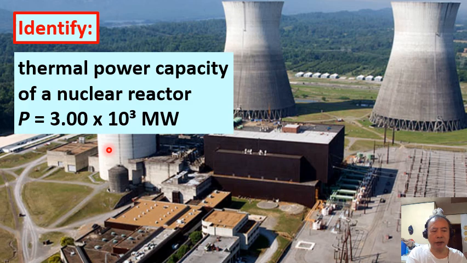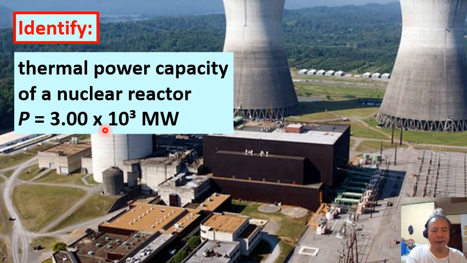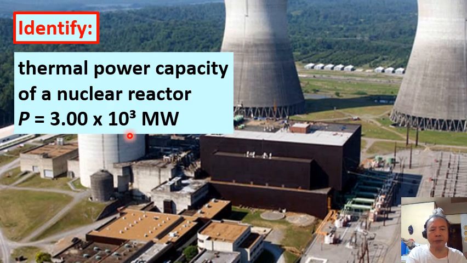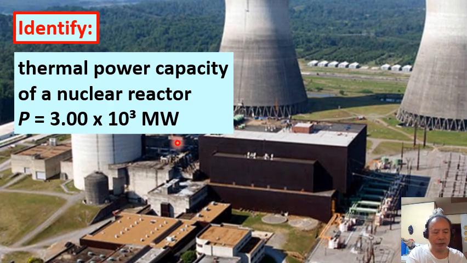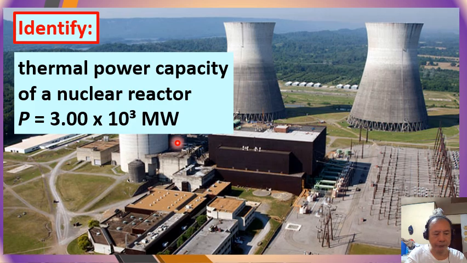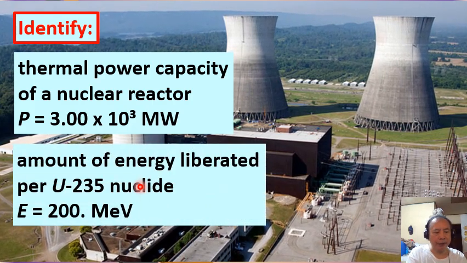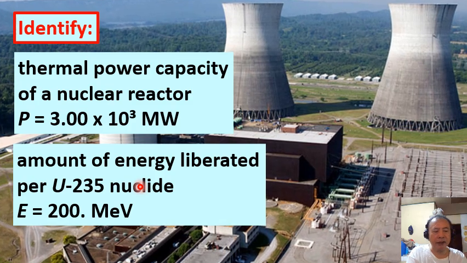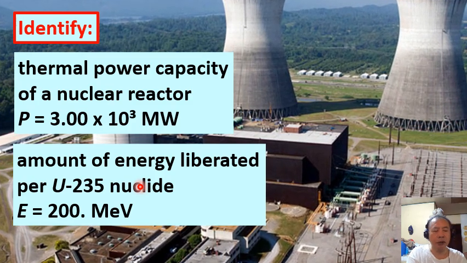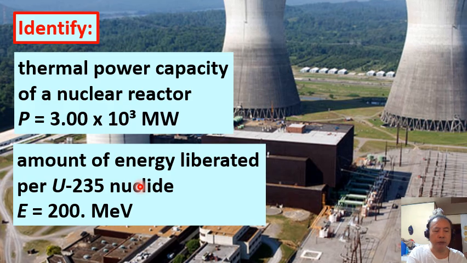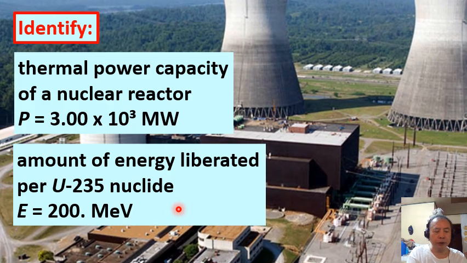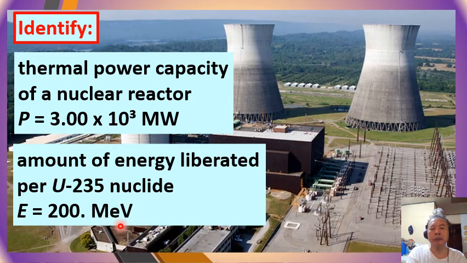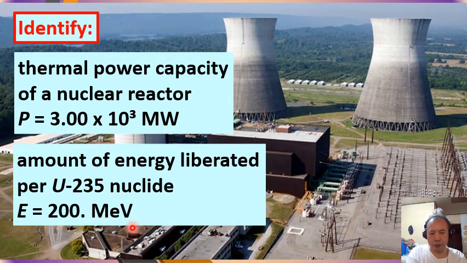Thermal power capacity of the nuclear reactor is given equal to 3.00 times 10 to the third power megawatts. And the average amount of energy liberated in every fission reaction of the isotope uranium-235 is known to be 200 million electron volts.